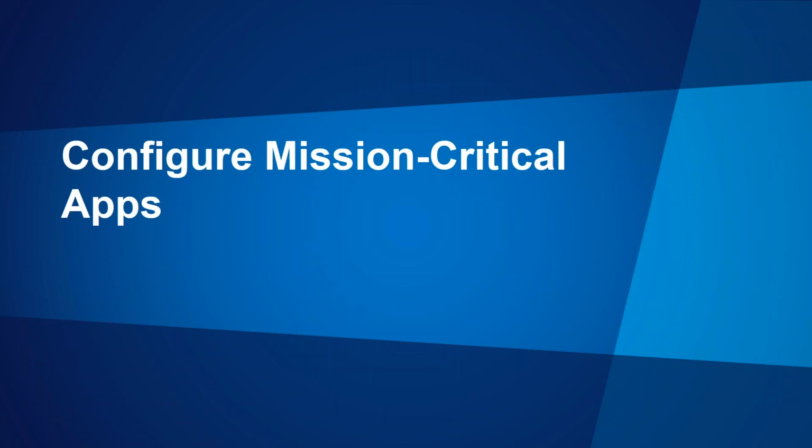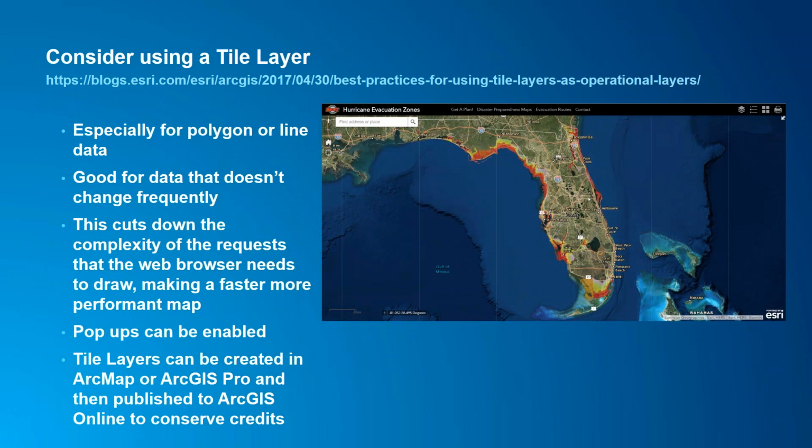So many improvements have been made in the software over the years to accommodate the workflow needs of this community, the public safety and emergency management community. One best practice for a mission critical application that we wanted to share is for data that doesn't change very frequently, like these evacuation zones: consider using a tile layer for this information.